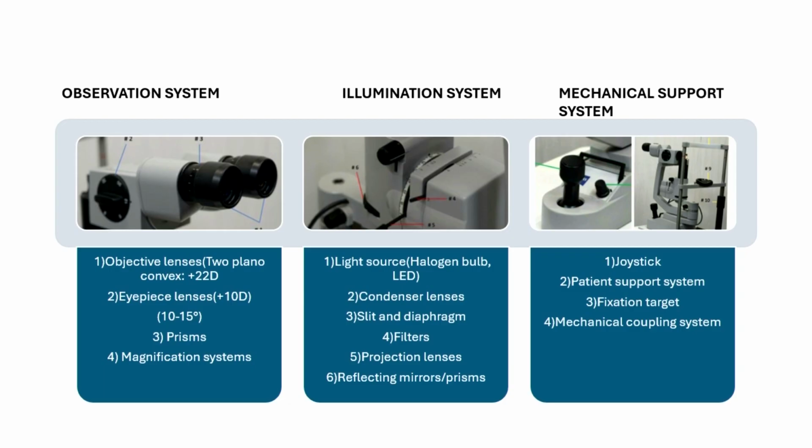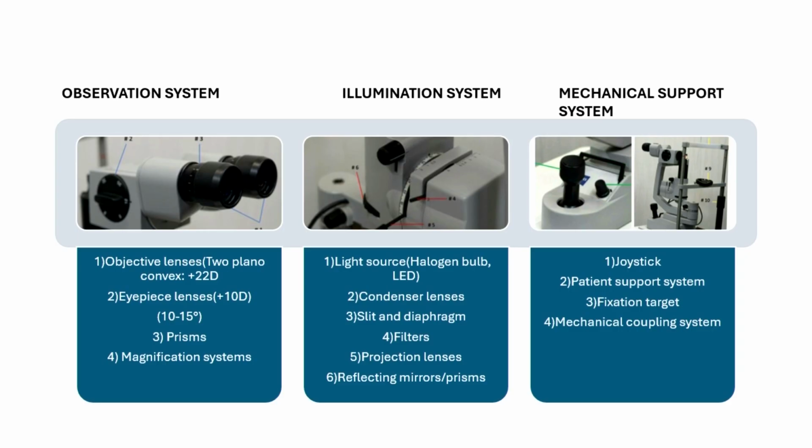Next are the eyepiece lenses of plus 10 diopter power, and they are converged at an angle of 10 to 15 degrees for good stereopsis. And we have two prisms and magnification systems.